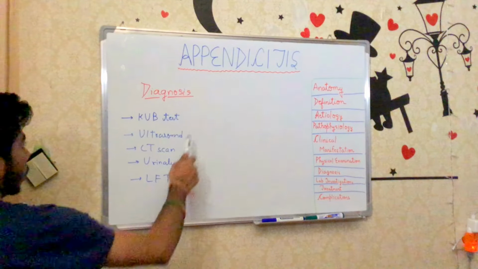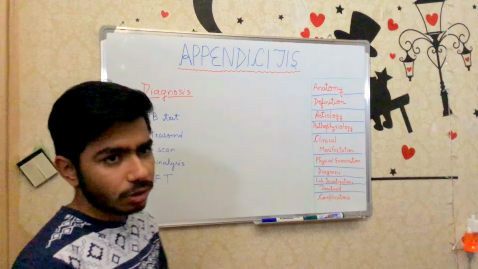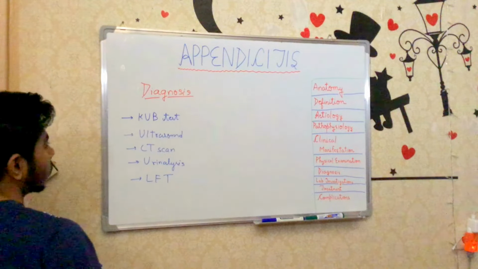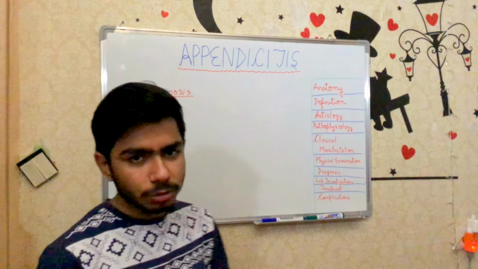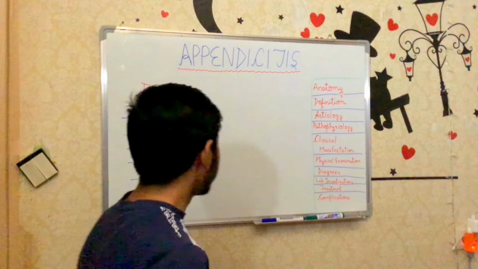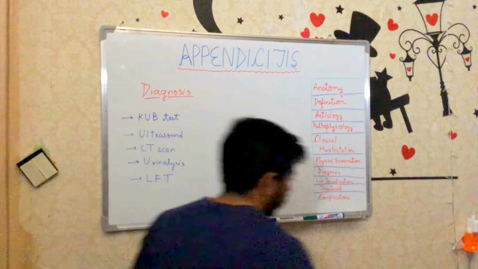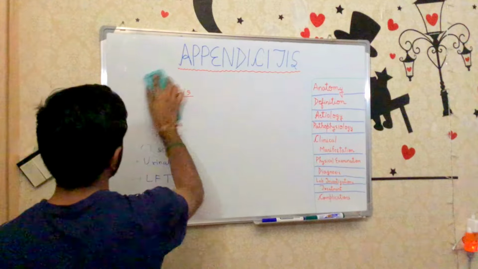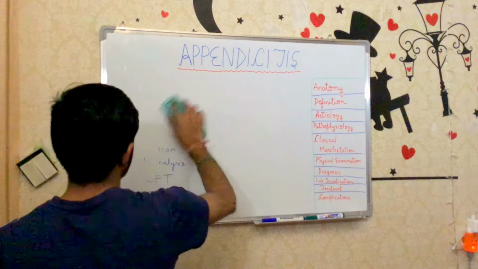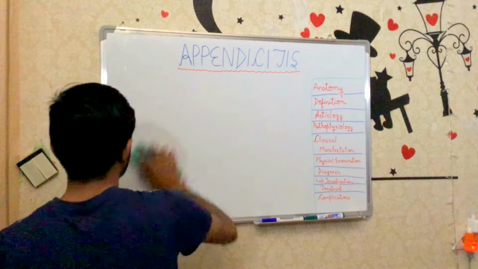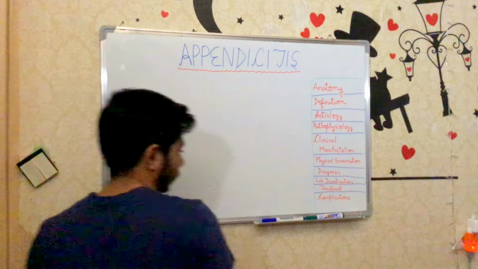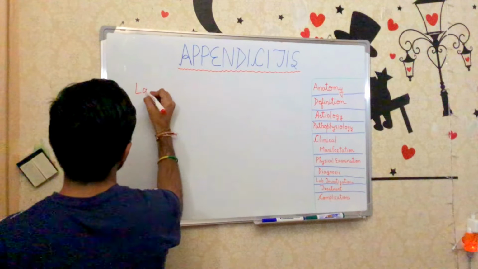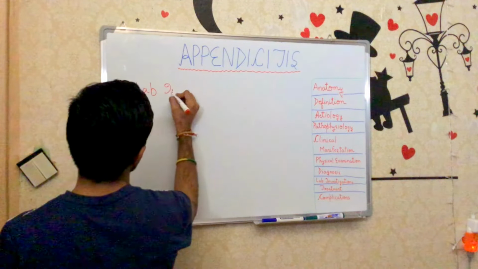For example, in the kidney ureter bladder test, you can check the kidney functions, how they are functioning, and with the ultrasound and CT, you can make the diagnosis of appendicitis very clearly. Now, if you talk about the lab investigations, what would be the change in the body, for example, in the blood.